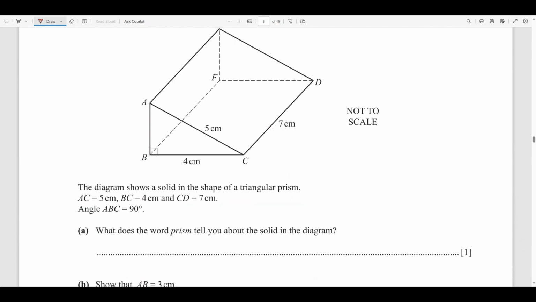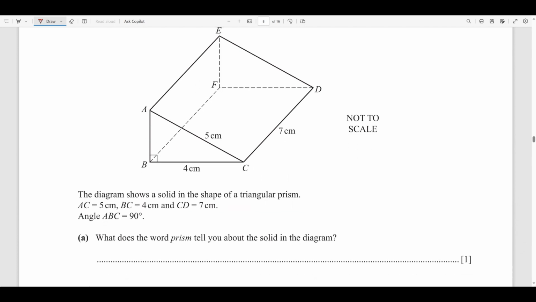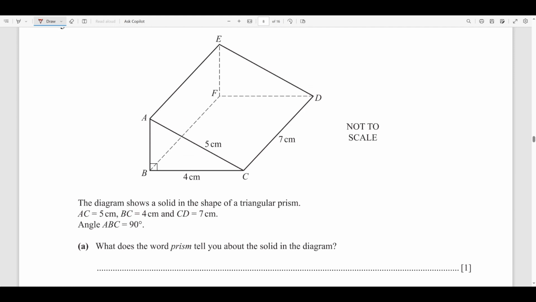What does the prism tell you about the solid in the diagram? It tells us many things. You can say that the cross section is the right triangle ABC. You can say that the prism is uniformly divided into cross sections from A to E. You can explain it any way you want.